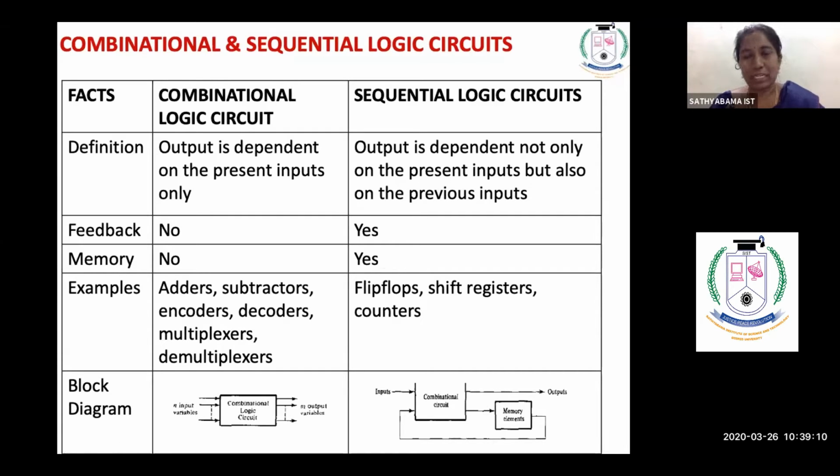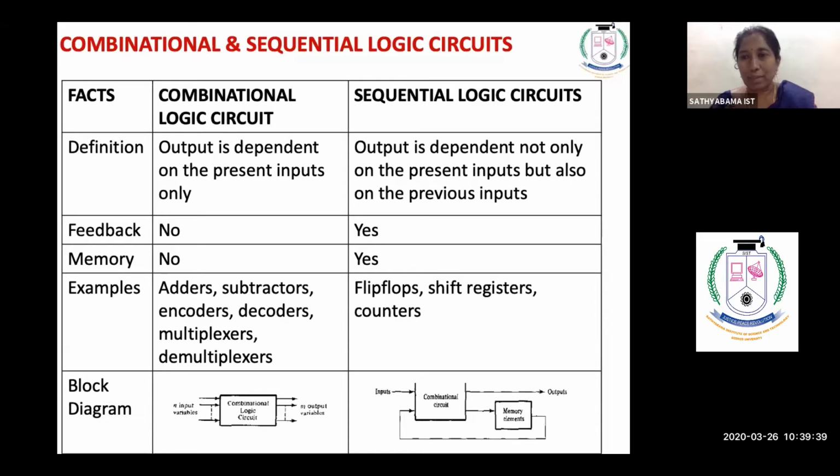The definition I have already said. For a combinational logic circuit, the output is dependent only on the present input, whereas for a sequential logic circuit, the output is dependent not only on the present input, but also on the previous inputs. And I said feedback and memory only for sequential logic circuit, therefore I have given yes for sequential logic circuit, and feedback and memory are not present in a combinational logic circuit, so no and no.